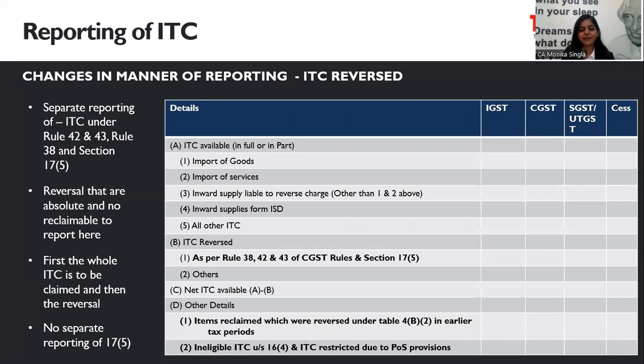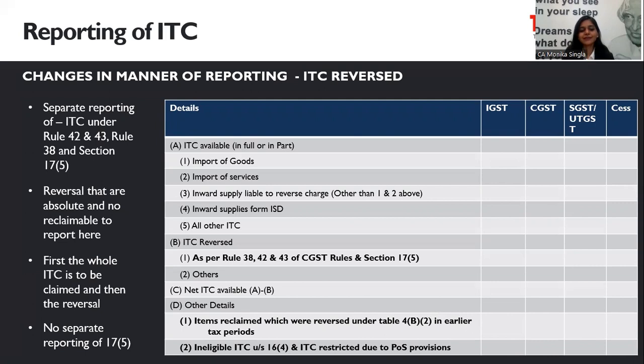So, this is a specific clarification brought by the government. Now, head 4C, net ITC available, will be auto-calculated by reducing the total of B from the total of A, and this amount will be credited to the electronic credit ledger.